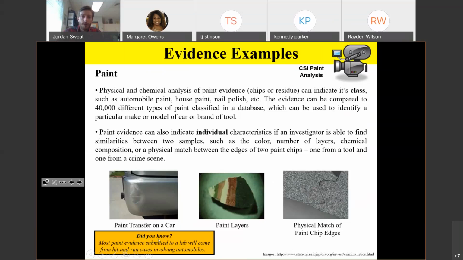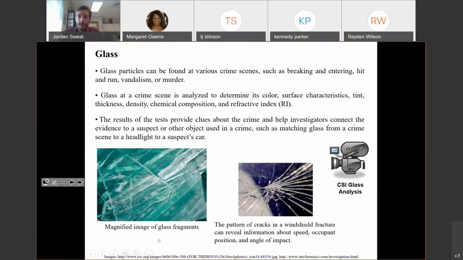So, some of the individual characteristics for paint were the color of the paint, the number of layers, the chemical composition, or that physical match between two specific pieces of evidence, two of those paint chips.